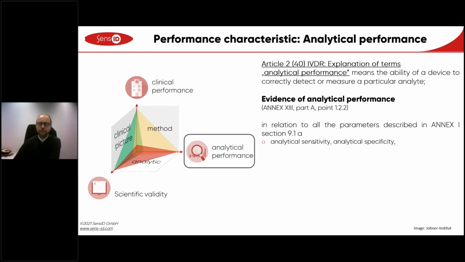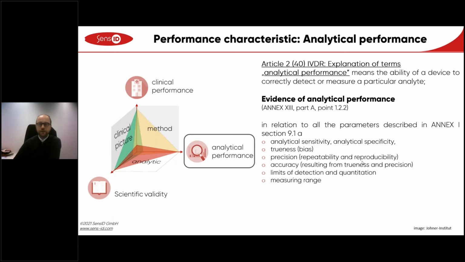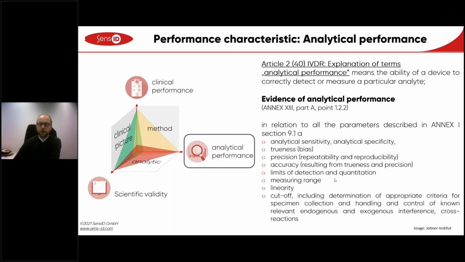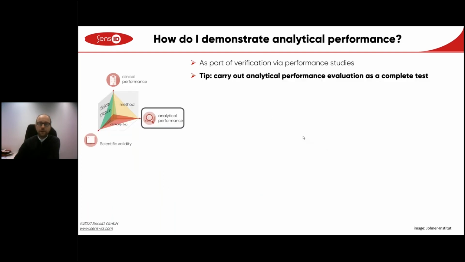There it is described that you have to show analytical sensitivity, analytical specificity, as well as trueness, precision, accuracy, limits of detection and quantification, measuring range, linearity, and cutoff, including the determination of appropriate criteria for specimen collection and handling, and control of non-relevant endogenous and exogenous interference and cross-reactions. That is a lot. We know that.